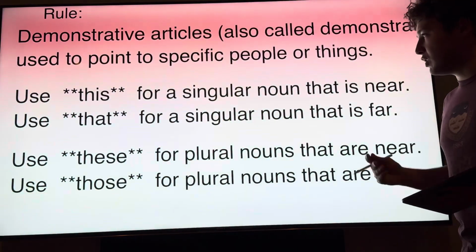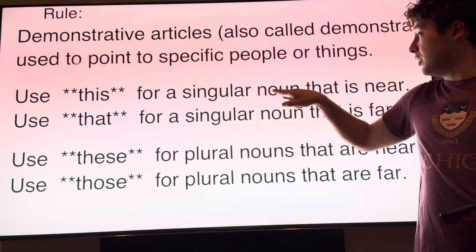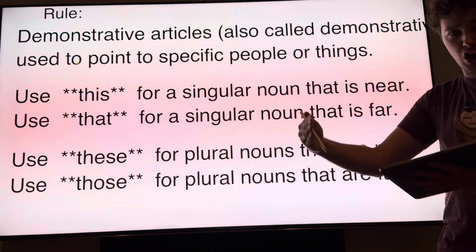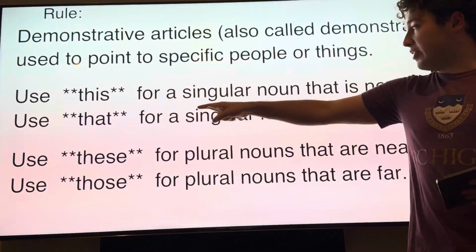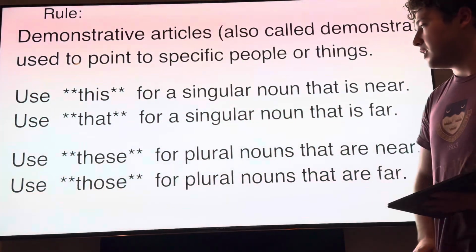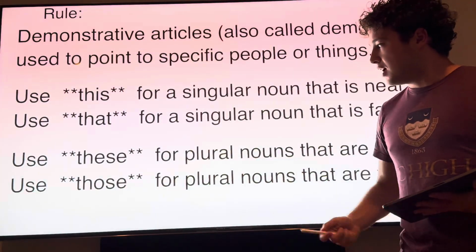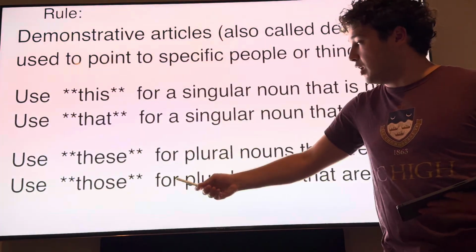So, have a look here. This is used for a singular that is near, close. That is used for a singular that is far. So you'd say this, that. Same for plural with these and those.